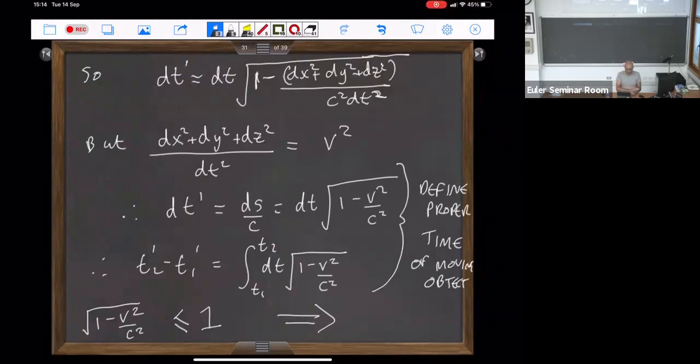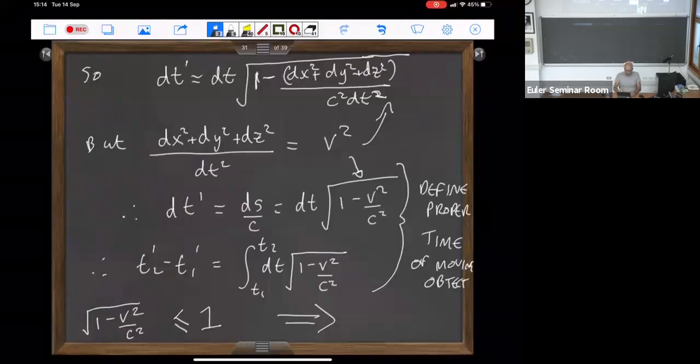So the sum of squares of the infinitesimal distances divided by dt squared is actually the square of the velocity vector. So I can substitute this in, and I get this equation here, that dt prime is actually dt times the square root of 1 minus v squared over c squared.